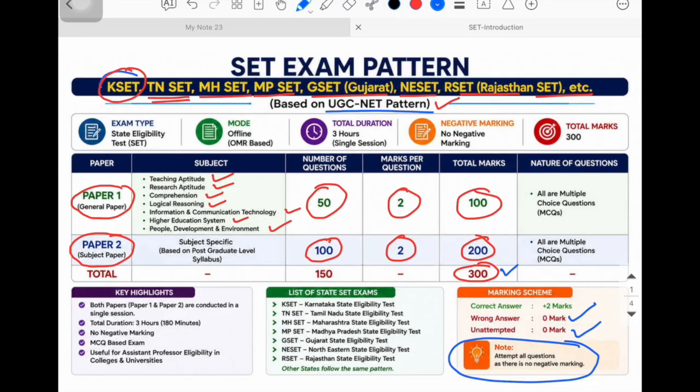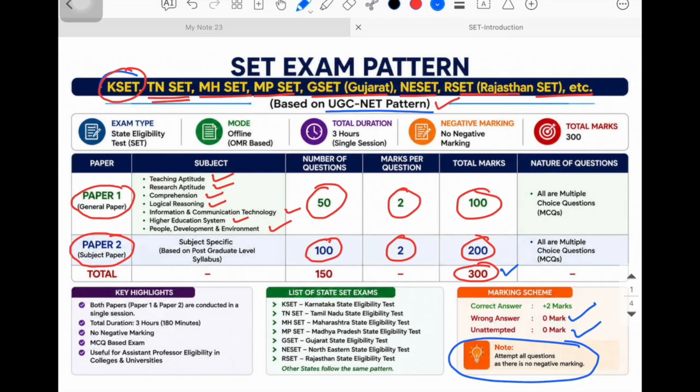And one more thing I want to tell you: if you are from Karnataka, Maharashtra, Rajasthan or the Northeast, you need not look for a separate course for your SET. The syllabus and question pattern are identical, and if you go through the questions, you can see that questions from one state usually repeat in other states.